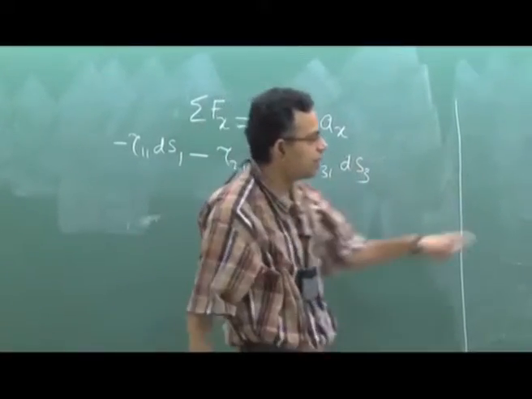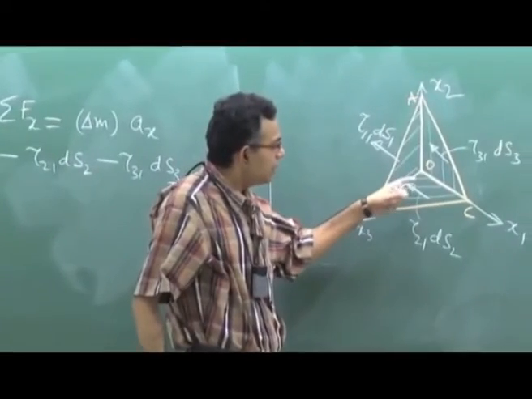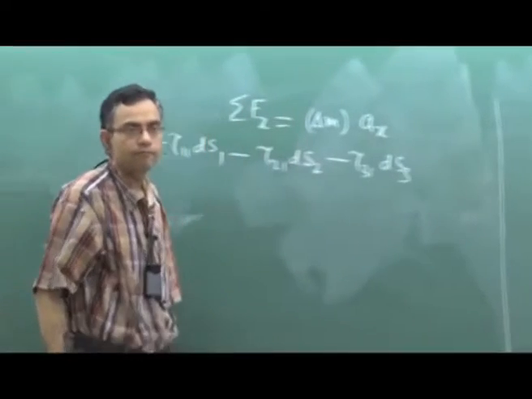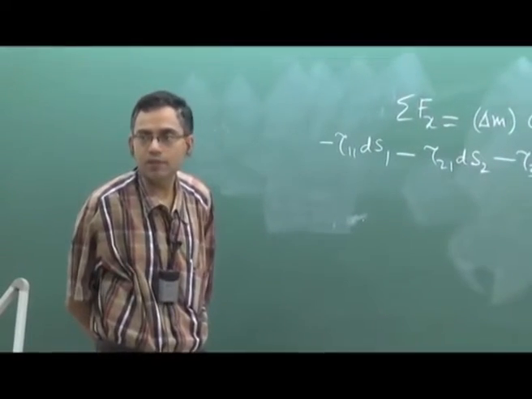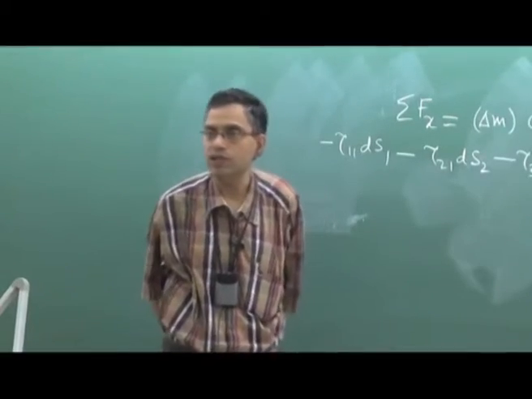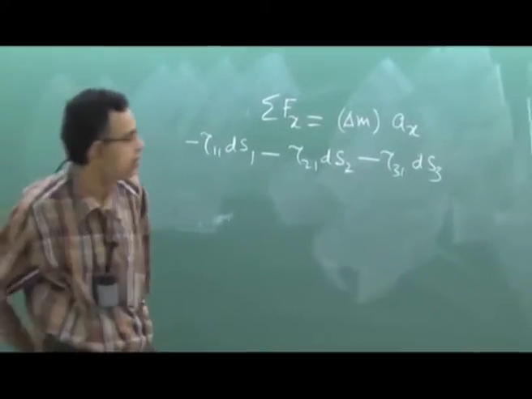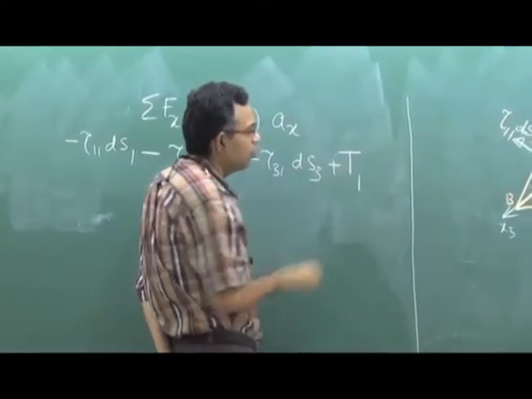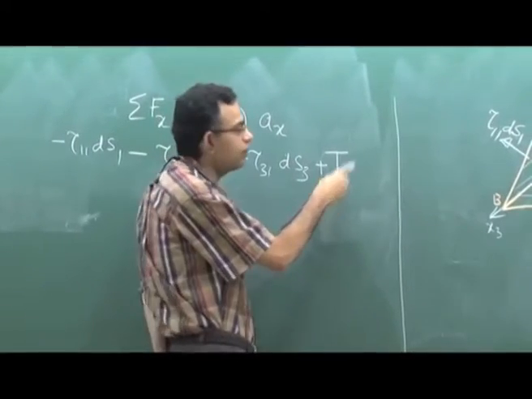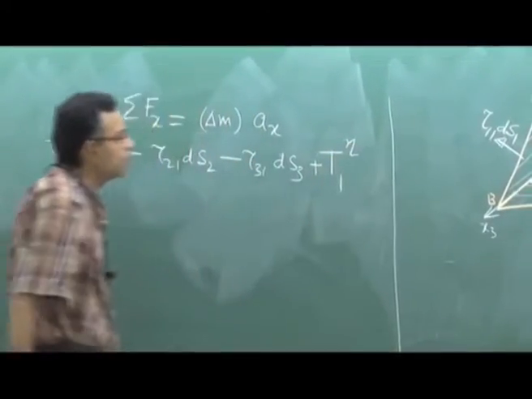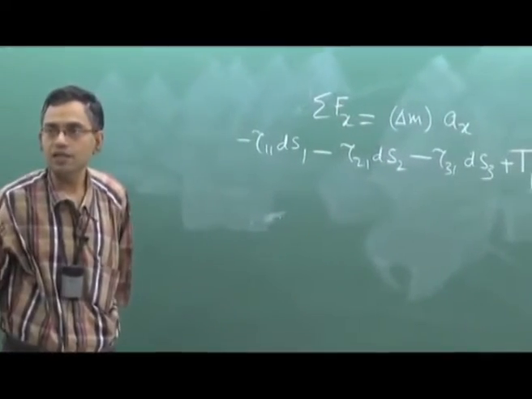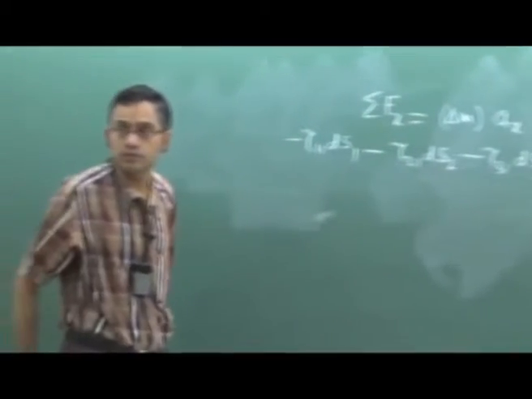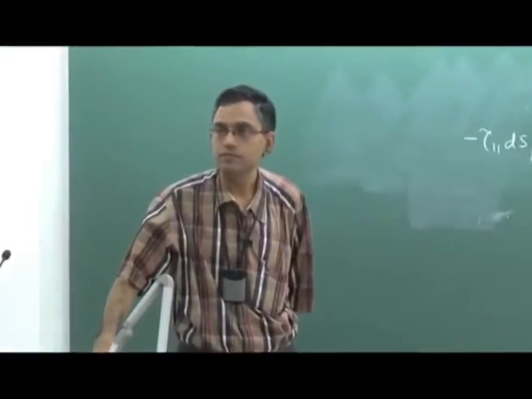So these three surfaces we have represented. The fourth surface ABC, how will we represent the force on ABC? We will use the traction vector notation because it is an arbitrarily oriented surface. So plus T with subscript 1, because this is the component of the force, and eta superscript, which is the direction normal, into ds. ds is the area of ABC.